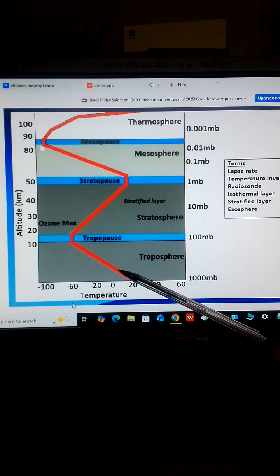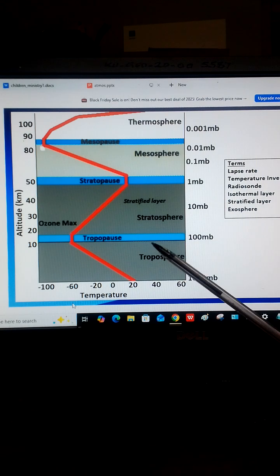Now, the vertical profile of air temperature in the atmosphere up to about 30 kilometers is measured by the radiosonde. So we release a balloon which goes to the higher levels of the atmosphere, and on that balloon we attach a machine called a radiosonde.